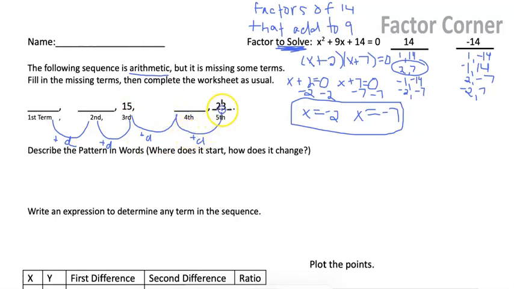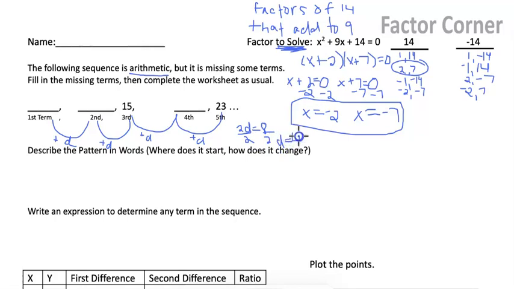This is two common differences added. So if I look at how far apart 15 and 23 are, that's 8. And that has to be D plus D or 2D. So two common differences in this case is 8, which means that one common difference has to be 4.